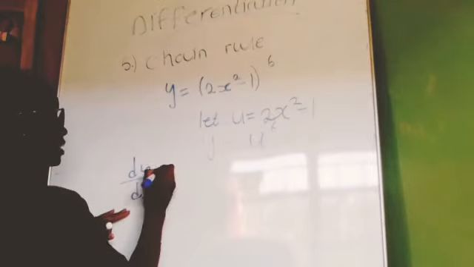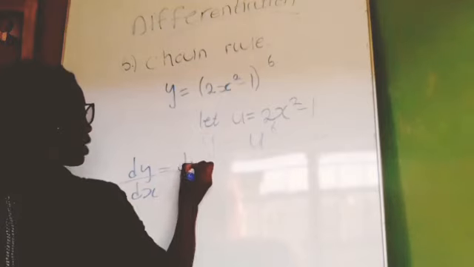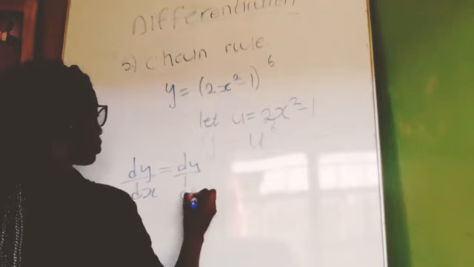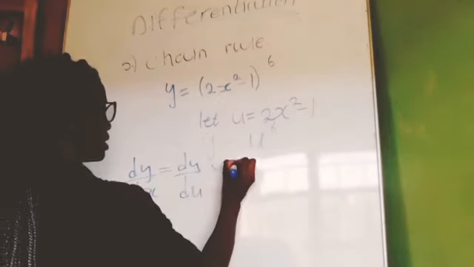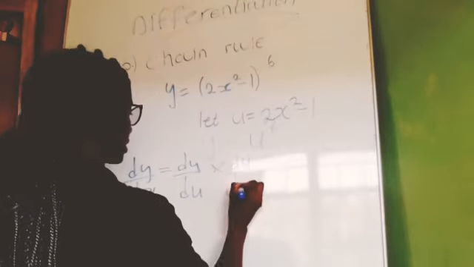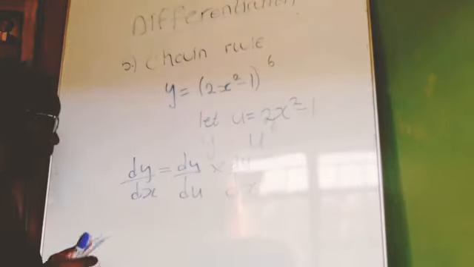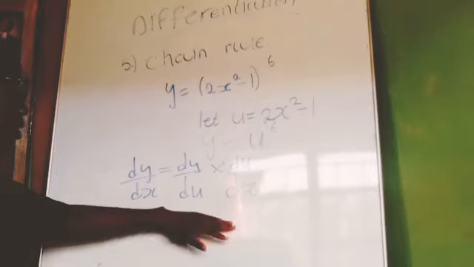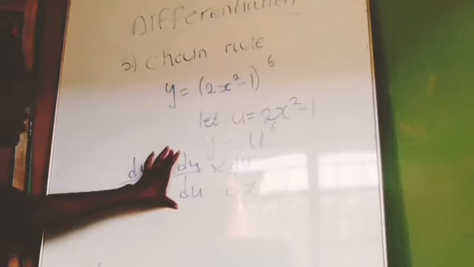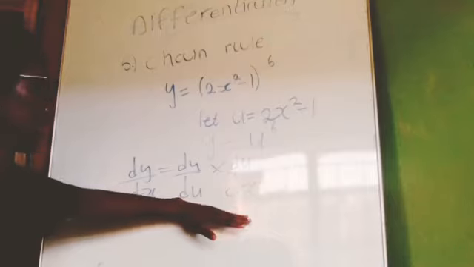dy/dx is simply equal to dy/du times du/dx. This is the formula. This is the chain rule formula. dy/dx is equal to dy/du times du/dx.